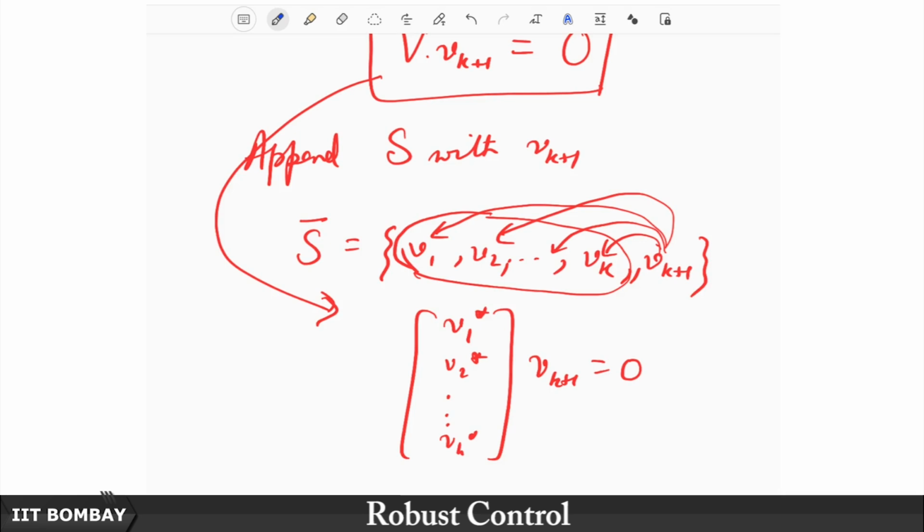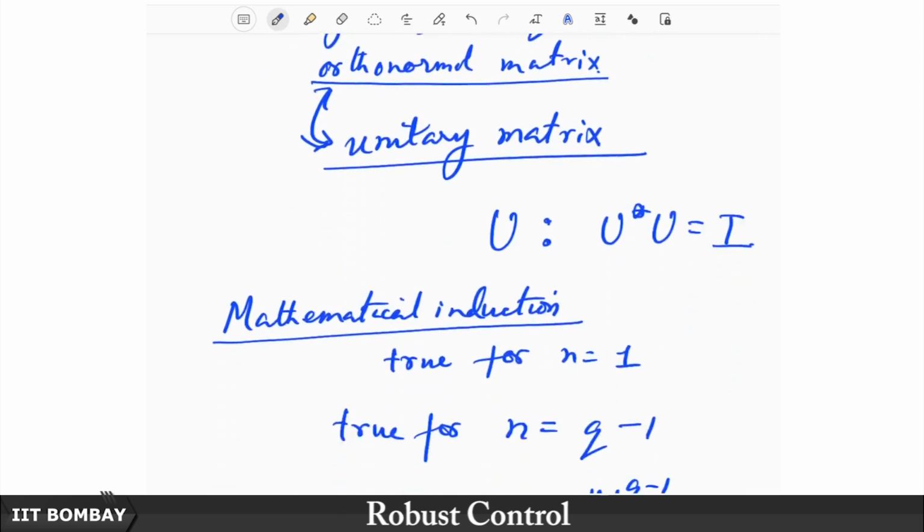Now, you construct this matrix of size 2 cross q, and find out any vector in its kernel, that is going to be the third vector. Normalize that, append it to this set, you have 3 vectors now. So, you keep going like this, and these are your x's.